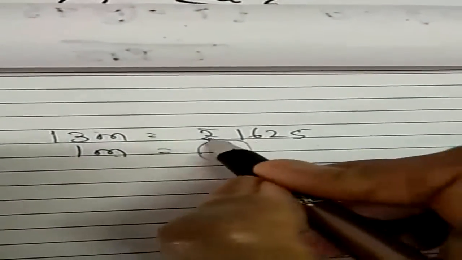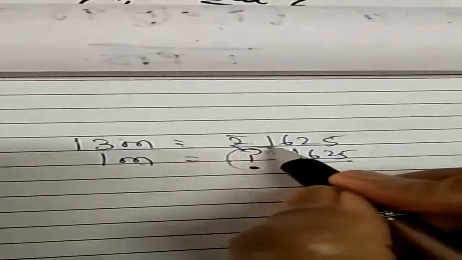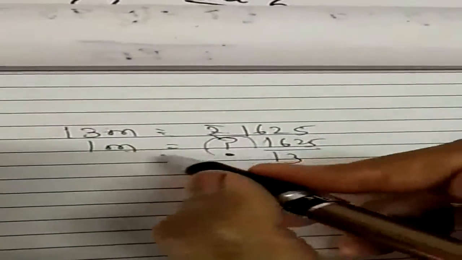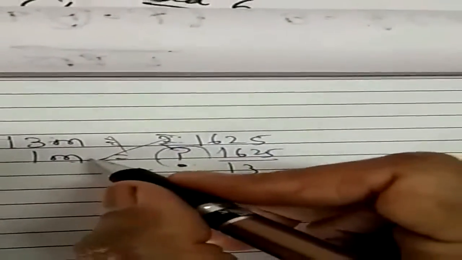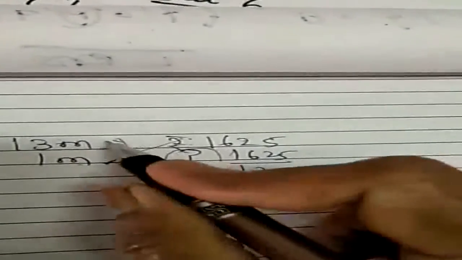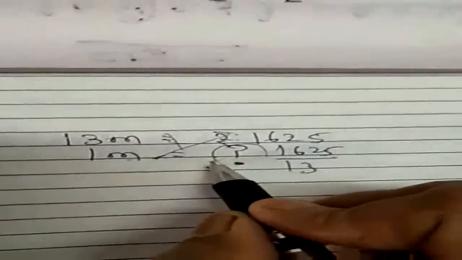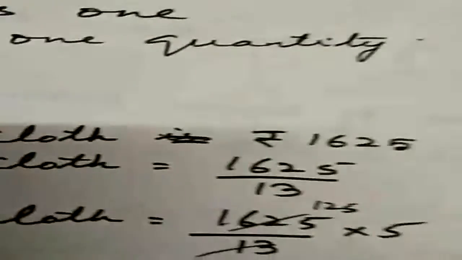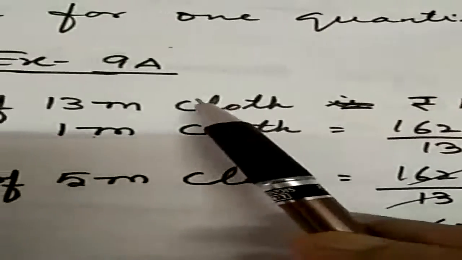First you take 1625, whatever is after the equal to, then divided by 13. It's like a cross multiplication only: 1 into 1625 divided by 13. Always remember, if it is less, you have to divide.